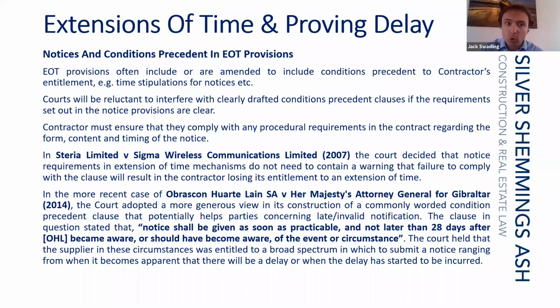But what this said is that the condition precedent clause doesn't need to spell out all the consequences of a notice not being put in. It just needs to be sufficiently clear and mandatory. So it doesn't need to be long, and it doesn't need to tell the contractor exactly what's going to happen if the notice is not put in.